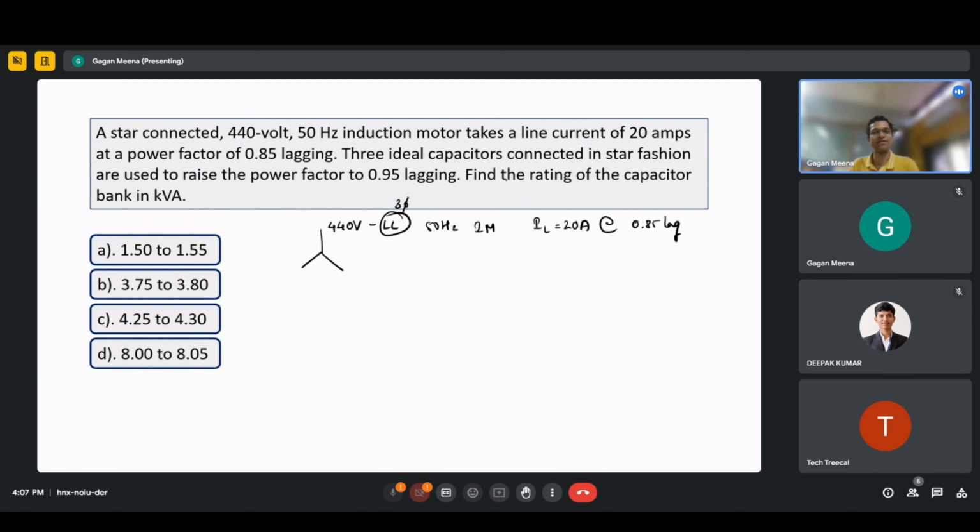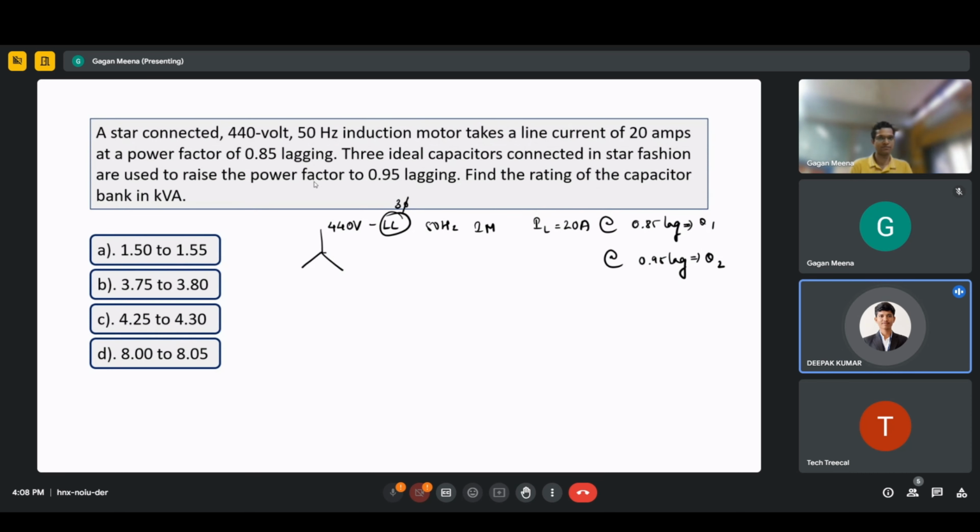Then three ideal capacitors are connected in star fashion to raise the power factor to 0.95 lag. This is theta 1 and this is theta 2. We need to find out the rating of the capacitor bank in kVA. So, how will you do this question?